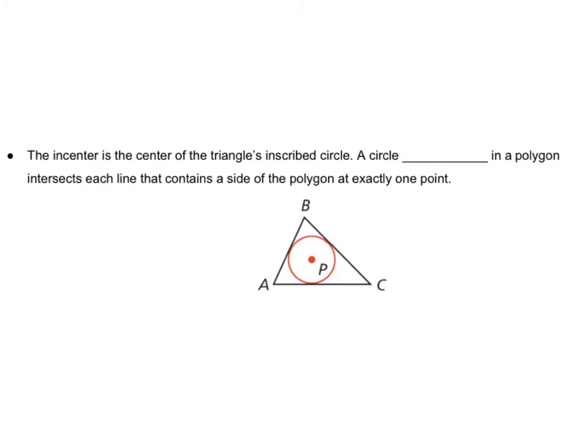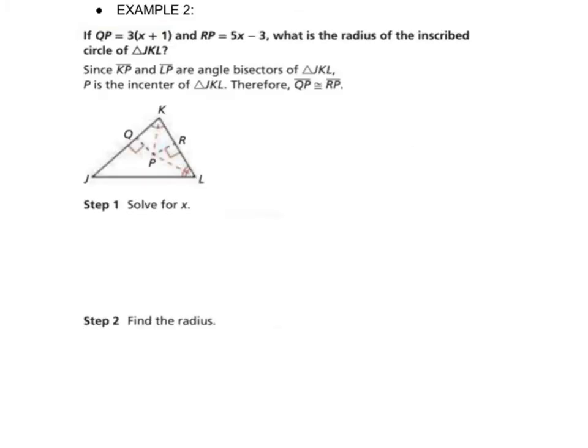A circle inscribed in a polygon intersects each line that contains a side of the polygon at exactly 1 point. Let's look at an example. We have example 2. We have equations for QP and RP. It asks what is the radius of the inscribed circle.